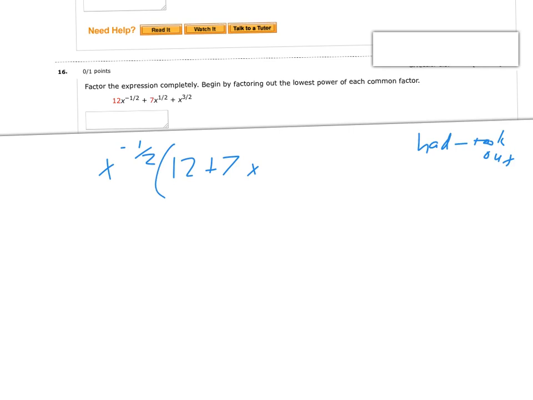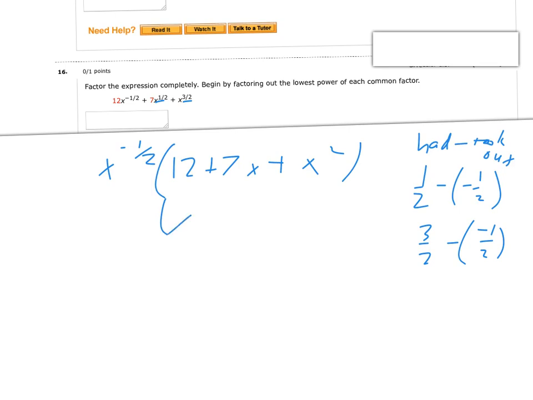And so I had a 1/2 in this term right here, and I'm going to take out a negative 1/2. And so 1/2 minus a negative 1/2, that's actually addition. So it's going to turn into 2 over 2, which is 1. And then I'll do it again here with the 3 over 2 minus what I took out. And so that's 4 over 2, so that's x squared.